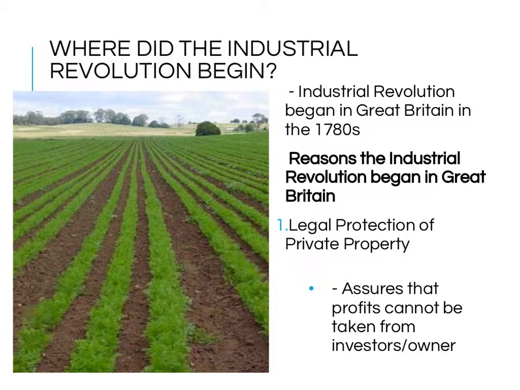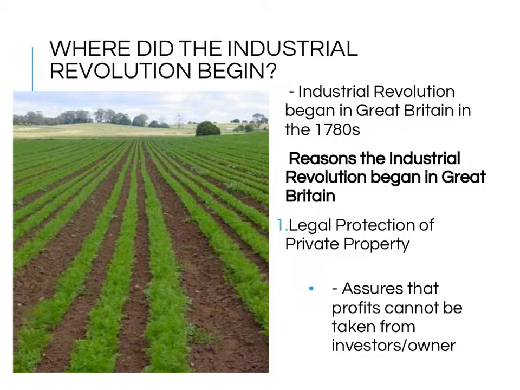So now we're going to look at some more specific reasons why the Industrial Revolution began in Great Britain. It began in Great Britain in the 1780s, and one key reason for this is legal protection of private property. In Great Britain, their parliament had already passed laws that really encouraged business and protected entrepreneurs.